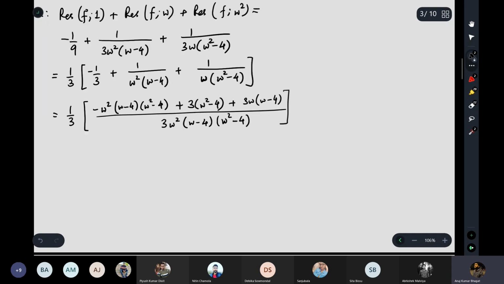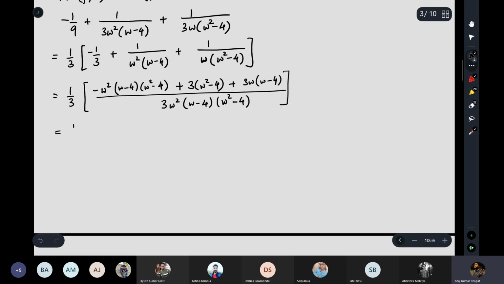So start calculating this. You have to calculate a bit. Okay. So you keep this as it is, minus omega square. You please multiply these two. If I multiply this, omega into omega square is omega cube, which is 1. Then minus 4 omega square minus 4 omega and then plus 4 times 4 is 16. I'm getting this.